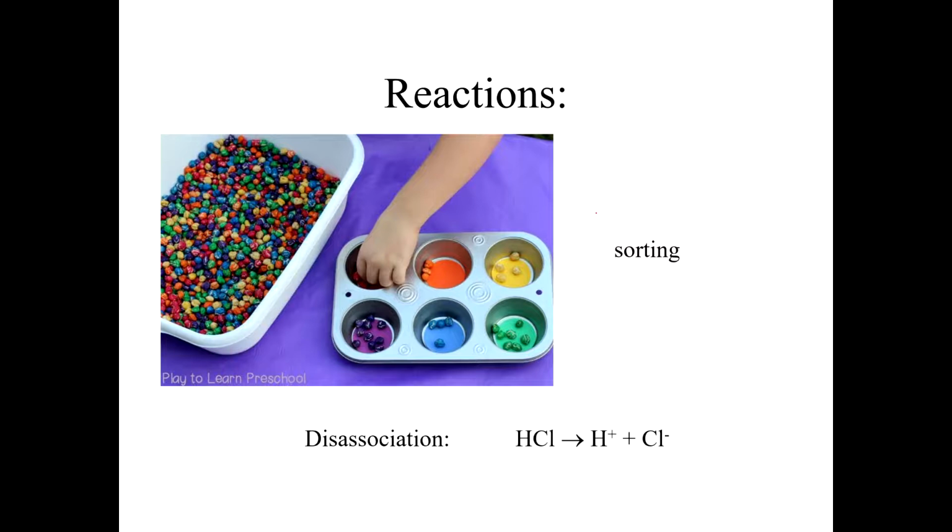Okay, here's another example of something you might call, it's not really a reaction, I don't know what you want to call this, but I'm going to call this just sorting. So if you have a bin full of different colored marbles over here, and you sort them into the different colors over here, this system has low entropy because now you've sorted these out, and this system has much higher entropy. And you could think of this as a gradient, right?